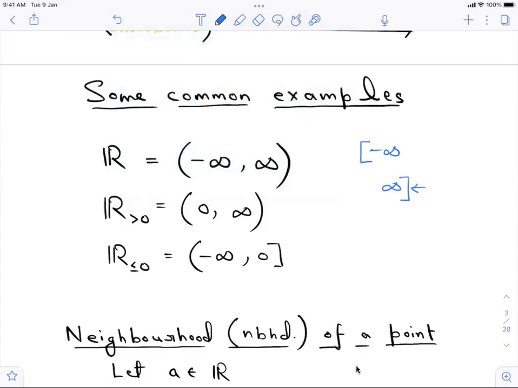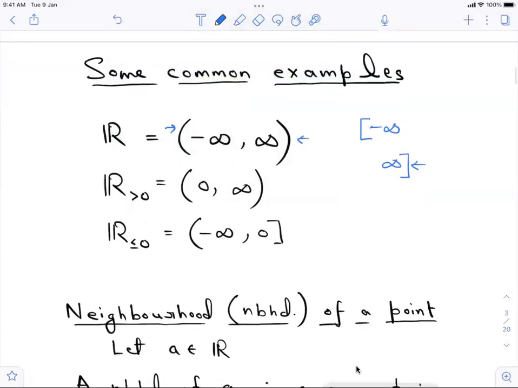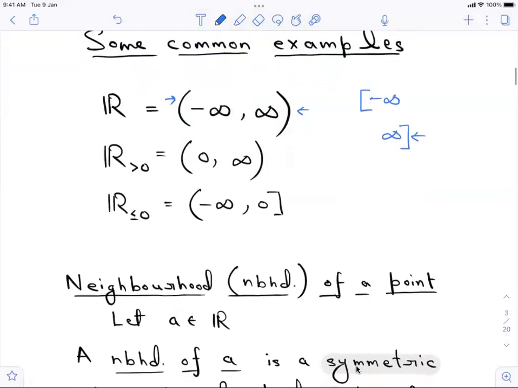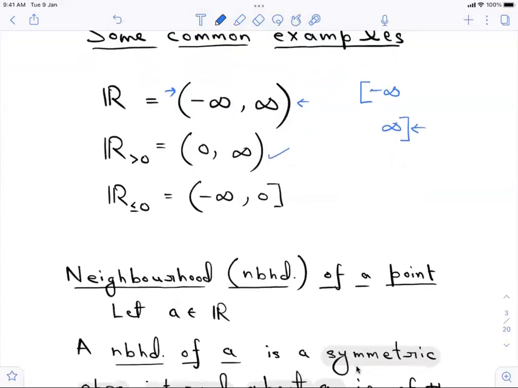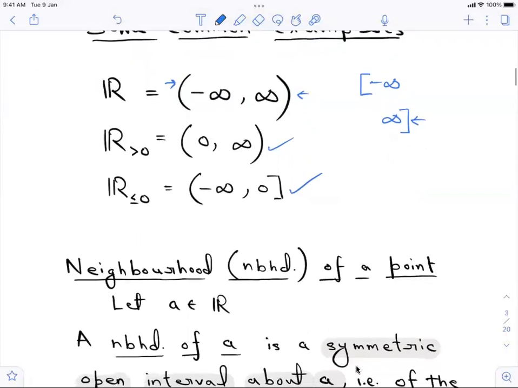But infinity is not really a real number. So we always have to keep the open sign whenever infinity is one of the endpoints of the interval. The set of positive reals and the set of non-positive reals can all be expressed in terms of intervals in this fashion.